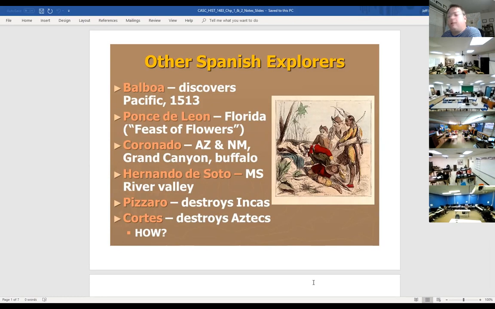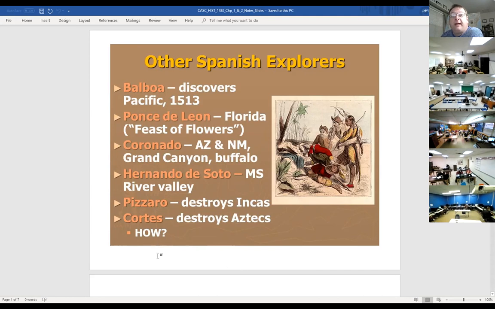you can see some others there that are mentioned that we're going to get to, but I wanted to focus on those two explorers and establishing the Spanish presence in Central and South America. We're going to talk a little bit here in a little bit about the Great Exchange or the Columbian Exchange. And this slide mentions how did they destroy such huge empires with a lot less men.